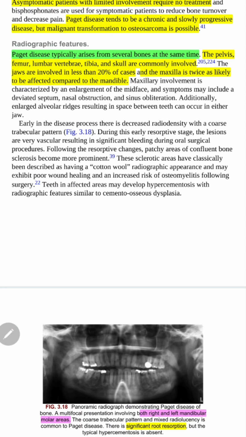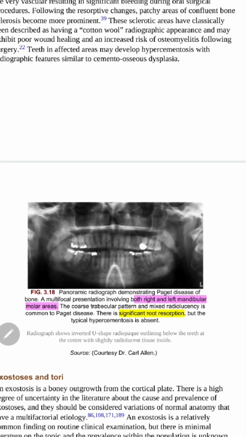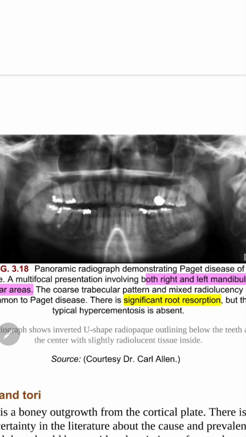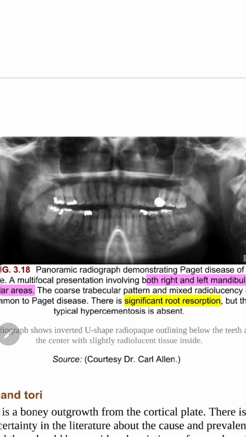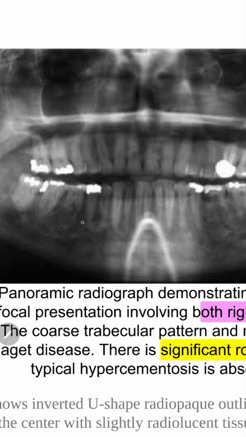It is usually in the maxilla, twice as likely to be affected compared to the mandible. Here we can see the left and right of the mandible have different radiolucencies and radiopacities, and we can see significant root resorption of the tooth.